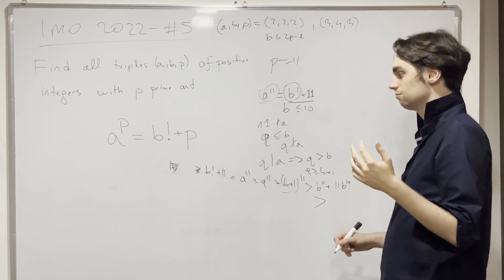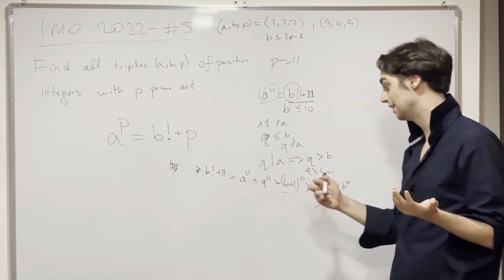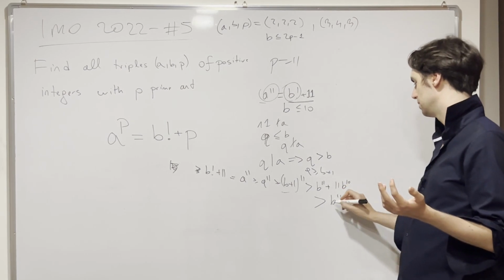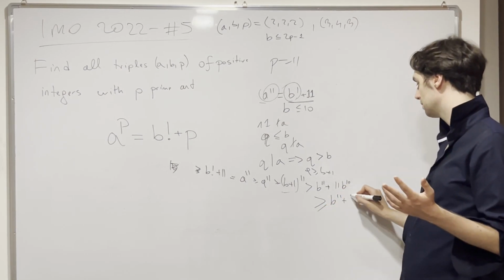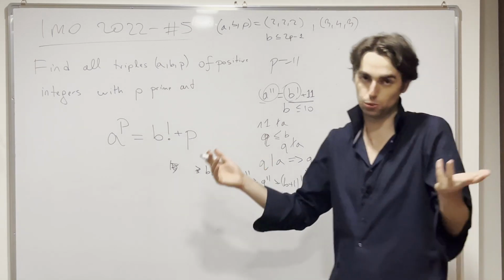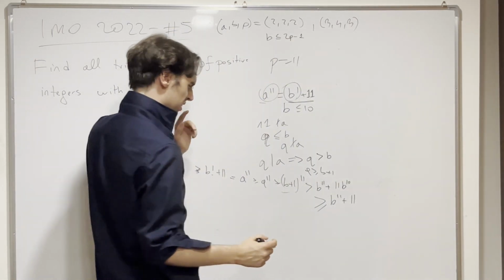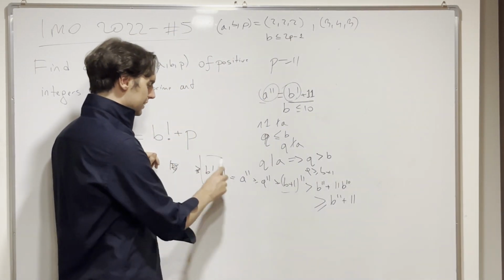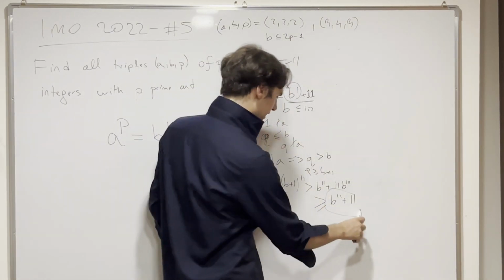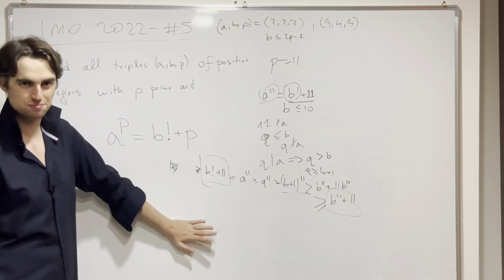And this is where my 11 is at. This is greater than or equal to B to the 11th plus 11, with B equal to 1 being the equality case. And now what do we have? This side is strictly greater than this side because of this sign.